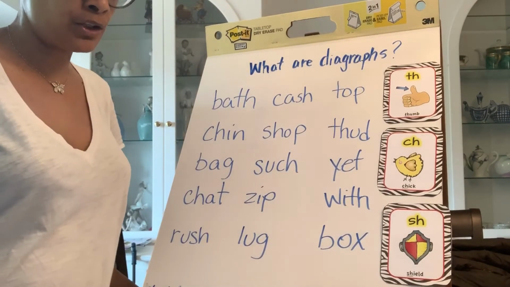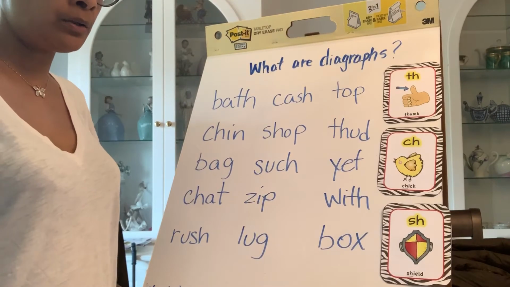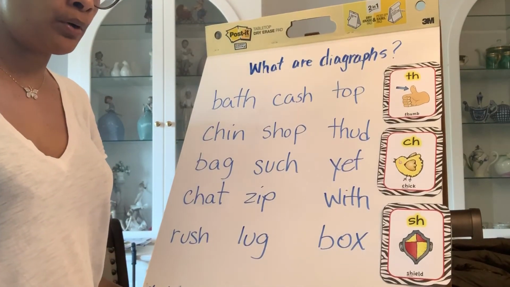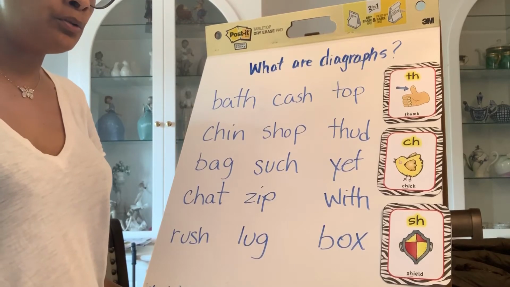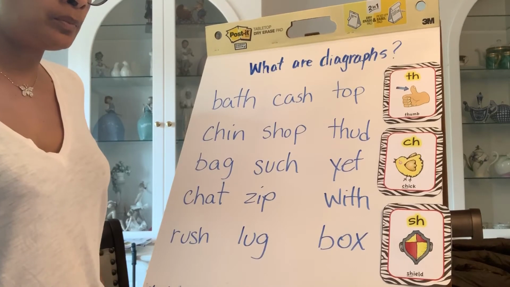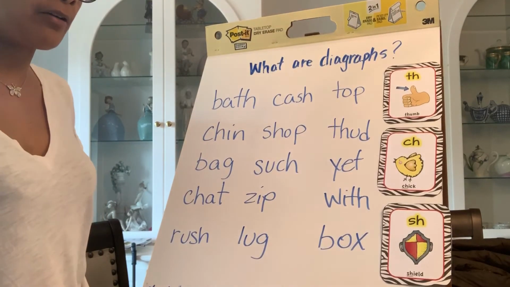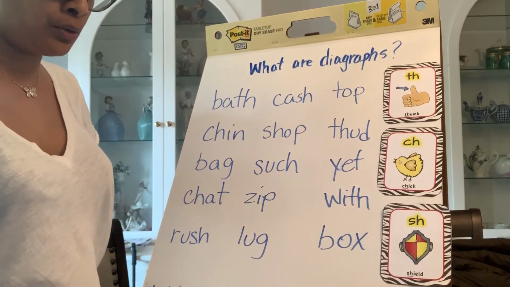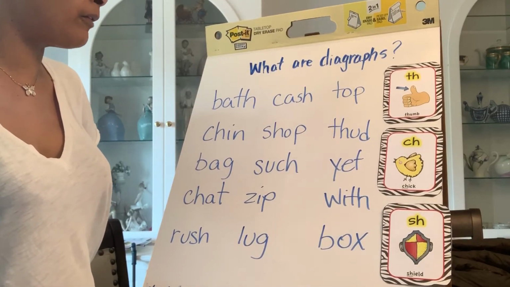I showed you the paper that you should be working with at the top of this video. It has Kindergarten Distance Learning Week 4, Around the World, Day 1, New Sound and Spelling Practice. It says our objective is to learn about consonant digraphs, CH, SH, and TH. So just to review, what is a consonant digraph?